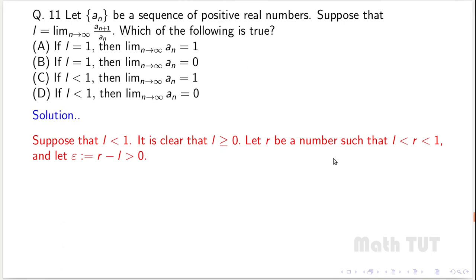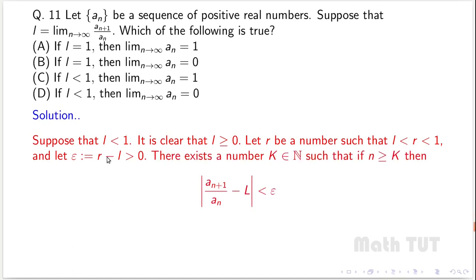So let us choose r as a number such that L is less than r and less than 1, and we'll choose epsilon to be r minus L, obviously greater than 0. Now we know that since this limit exists and is equal to L, there exists a number k belonging to the set of natural numbers such that for all n greater than or equal to k, we have mod (a n plus 1 by a n minus L) less than epsilon.